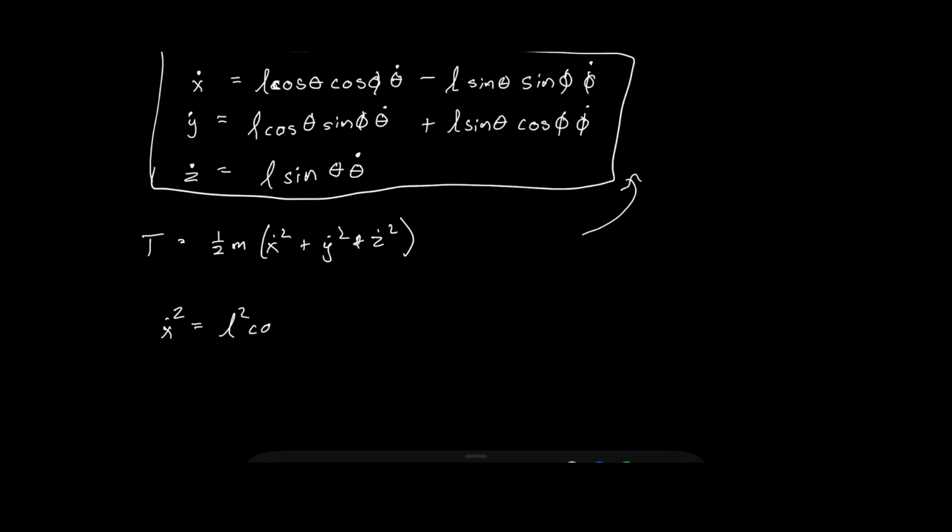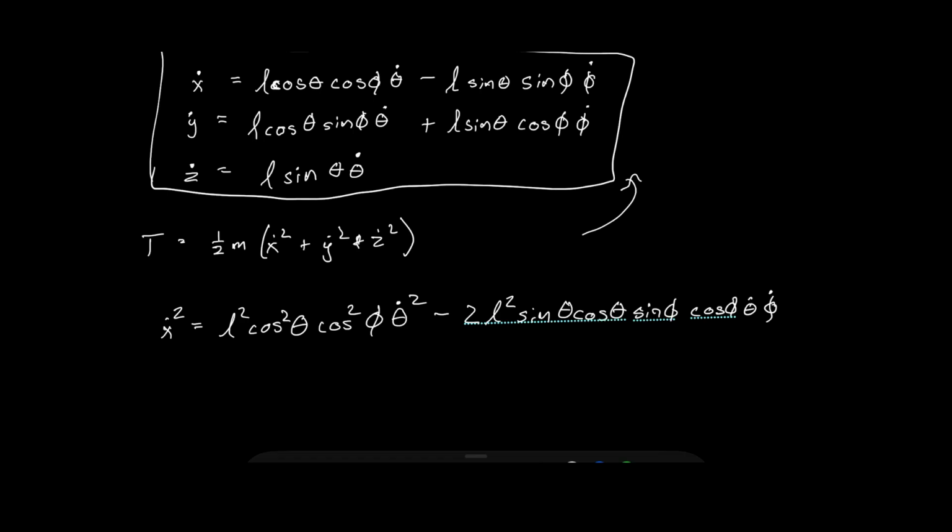is L squared cosine squared theta cosine squared phi theta dot squared, minus 2 L squared sine theta cosine theta sine phi cosine phi theta dot phi dot, plus L squared sine squared theta sine squared phi phi dot squared.